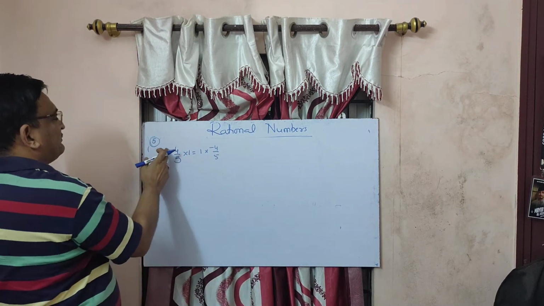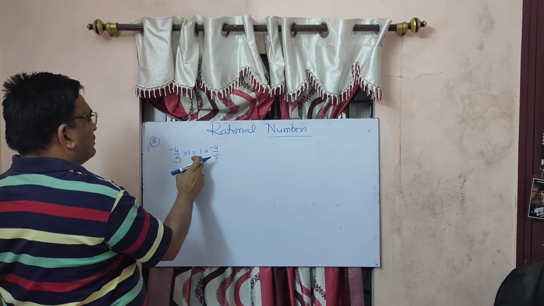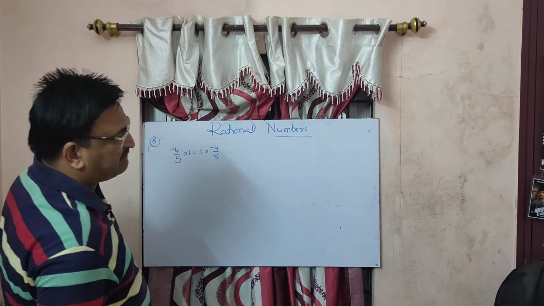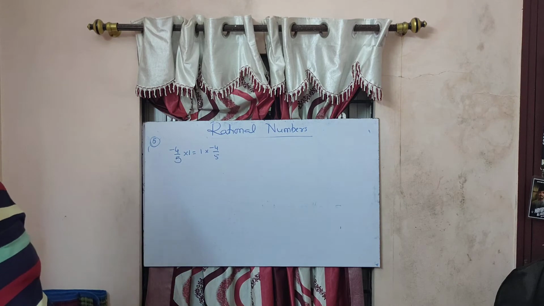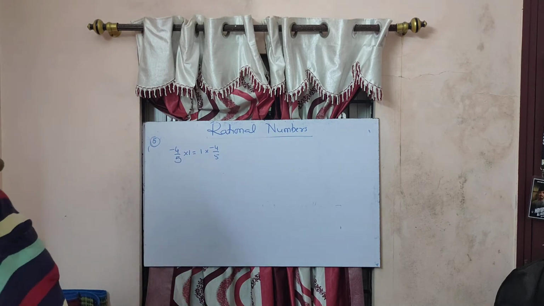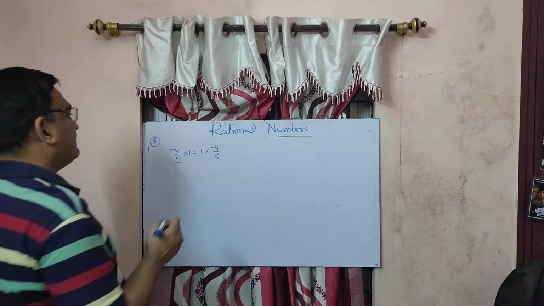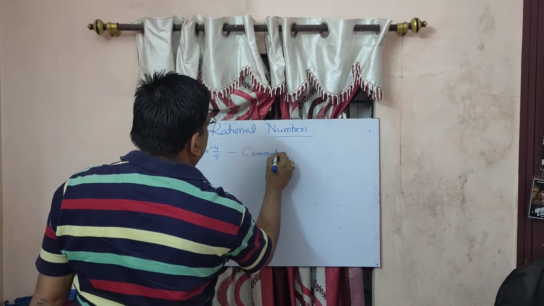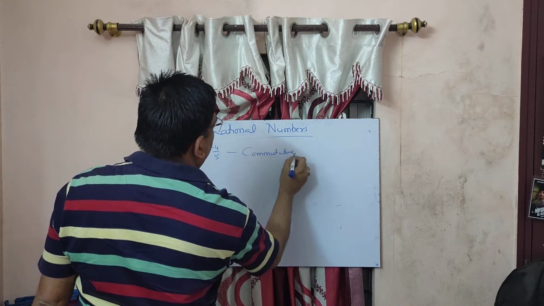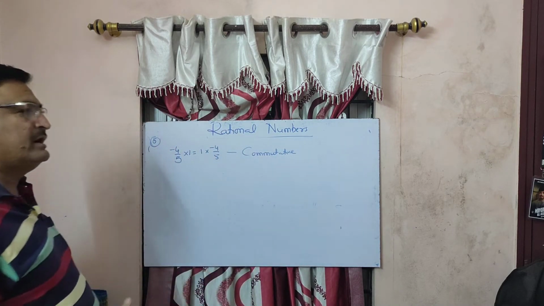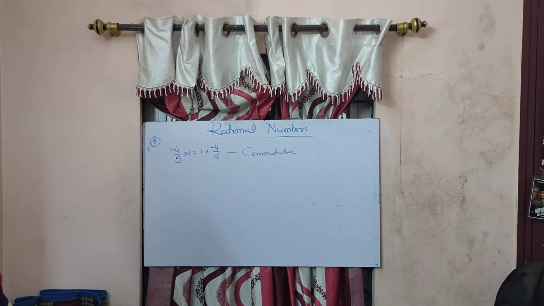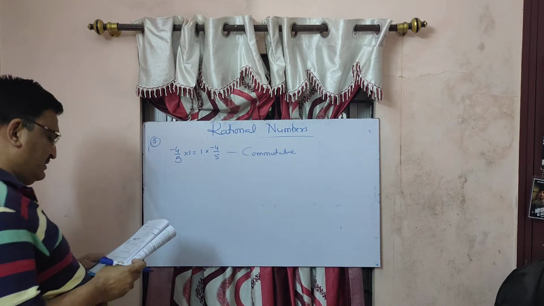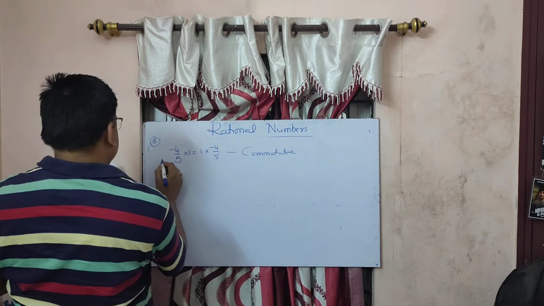What is this property called? Can anybody tell me? Commutative. This is called A into B is equal to B into A. Commutative property.